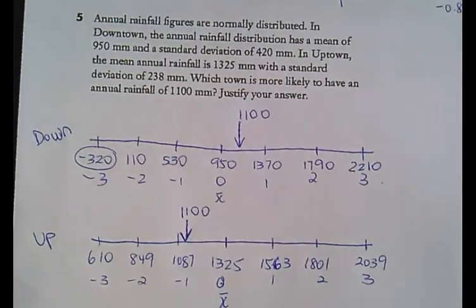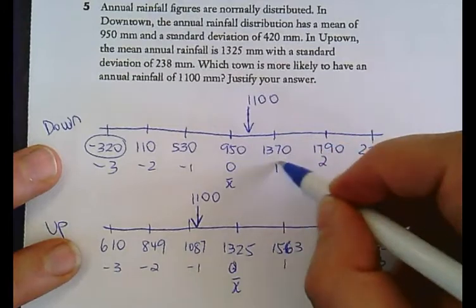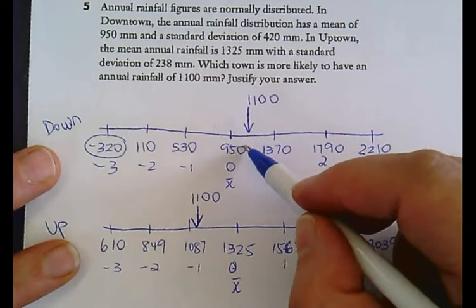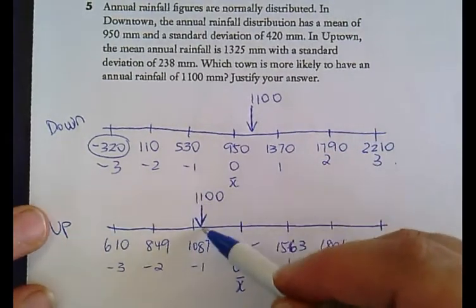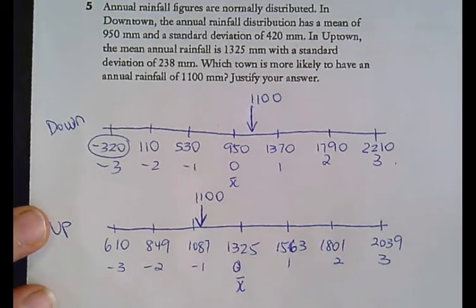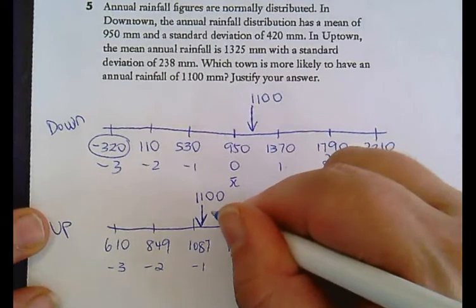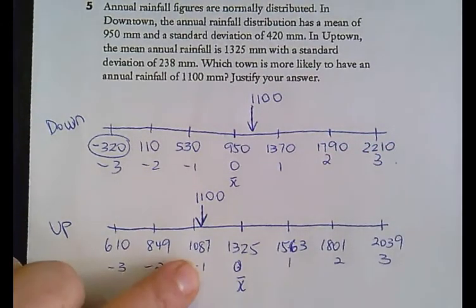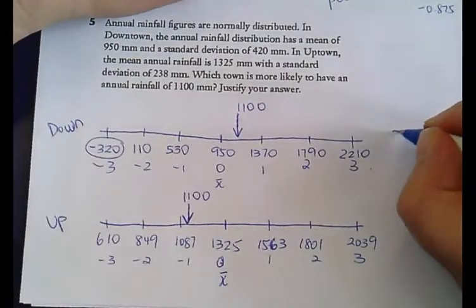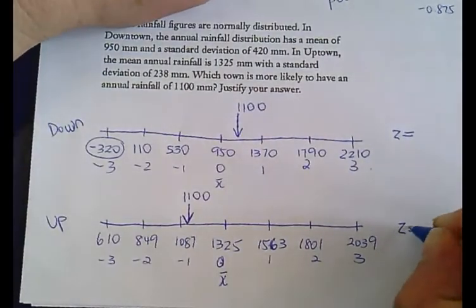So 1,100 is just above the mean for Downtown, and for Uptown it's nearly one standard deviation below, just above negative 1. But let me work out the Z scores for each, since drawing can't be a justification.